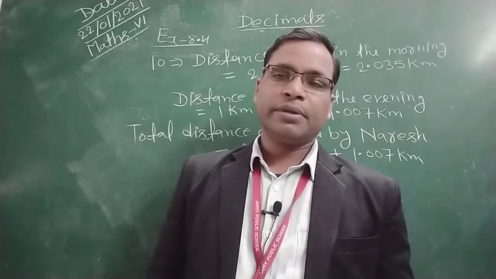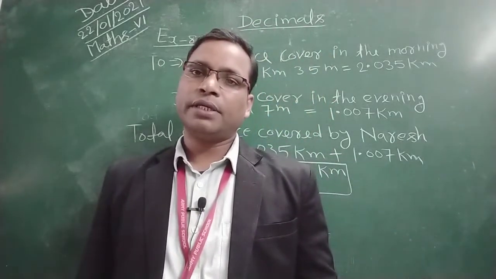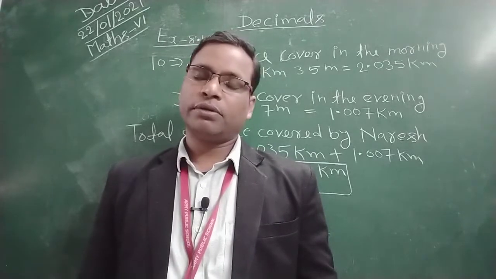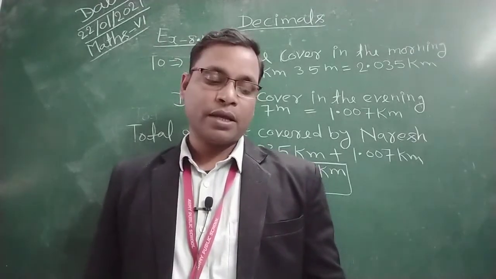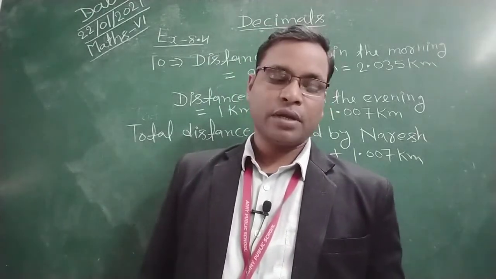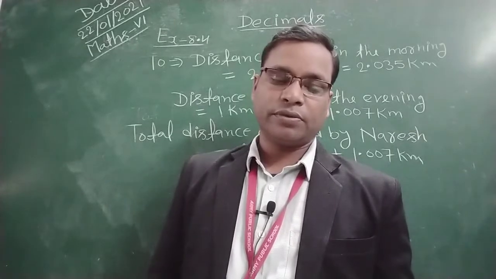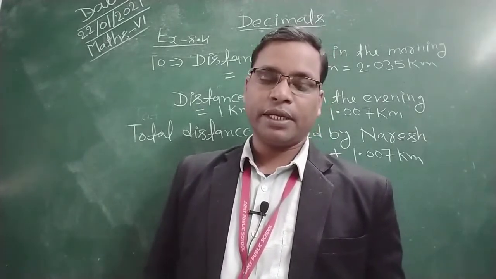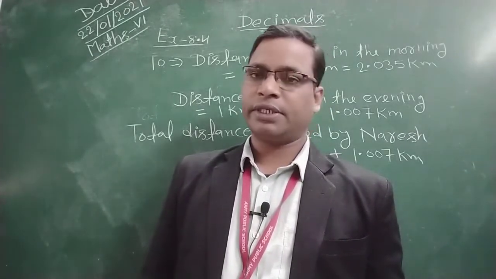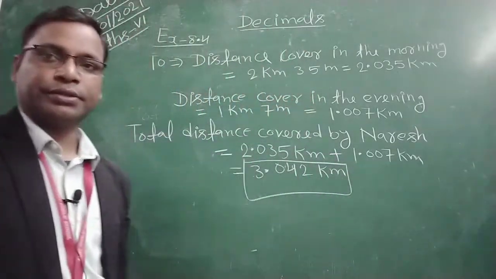So it is given that the amount of money Abhishek has is 7.45 rupees, and the cost of a toffee is 5.30. So you need to find the balance amount left with Abhishek. So let's see how to solve these questions. First we arrange them.